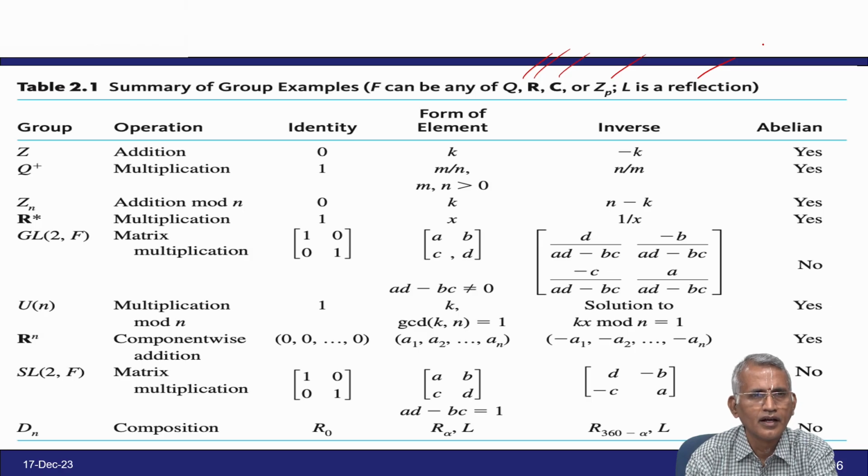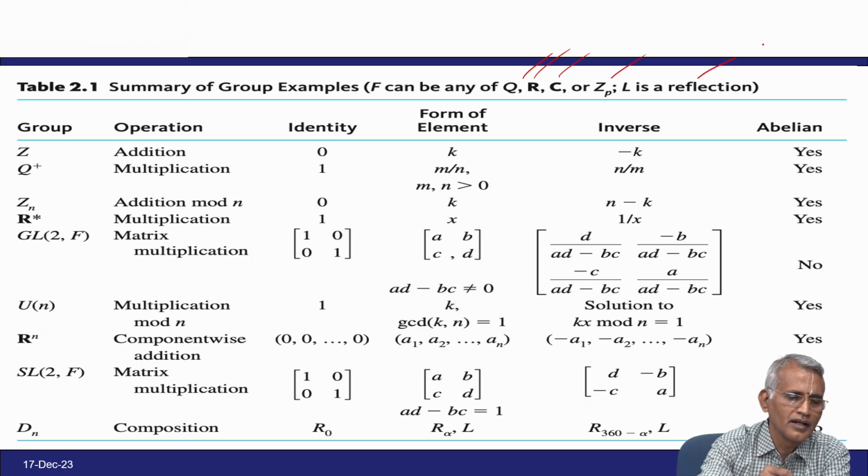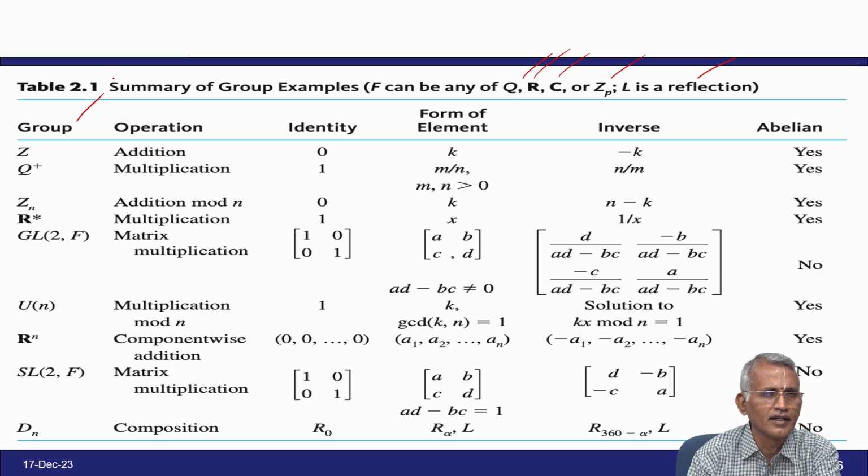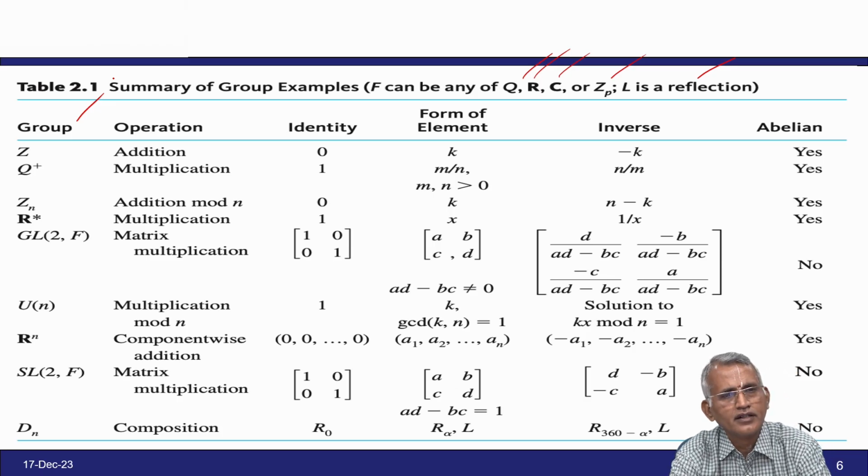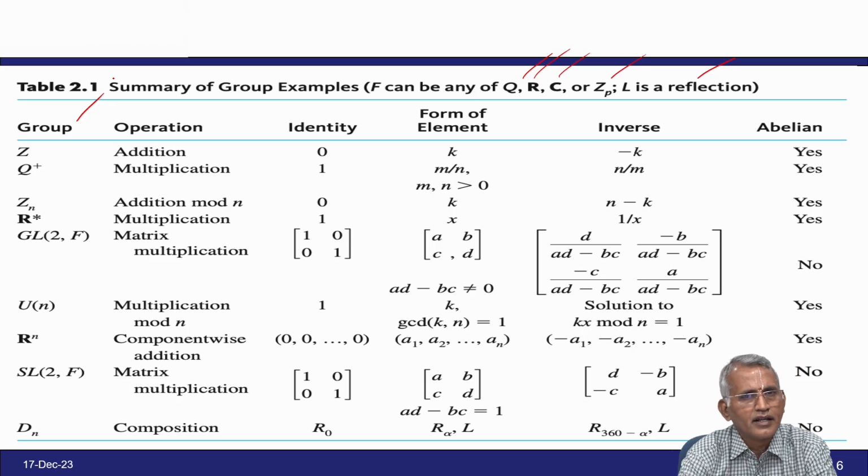You can understand easily: you take a set, what is the meaning of the corresponding set notation, what are the identity element and the inverse element, and whether it is abelian or not. These are the questions that rise in your mind, and this is the table of the examples we have discussed so far.